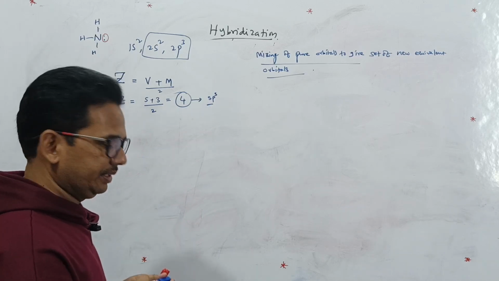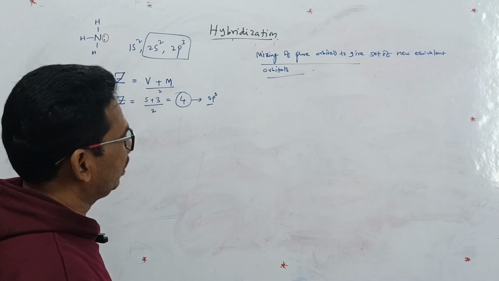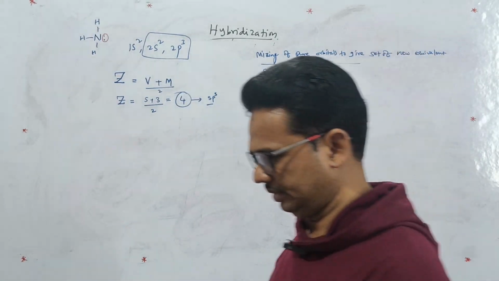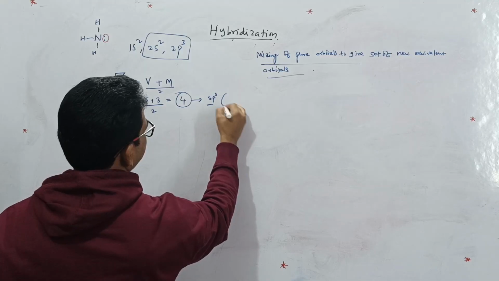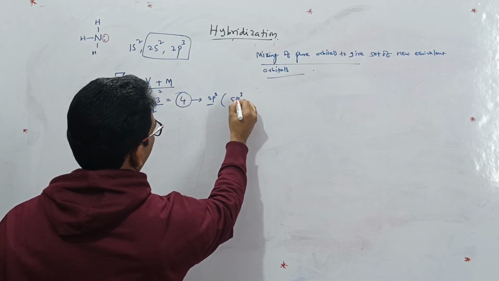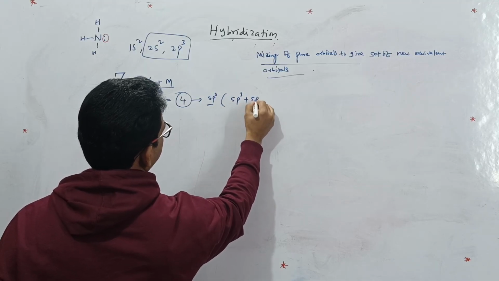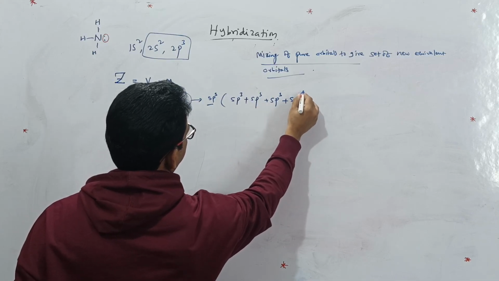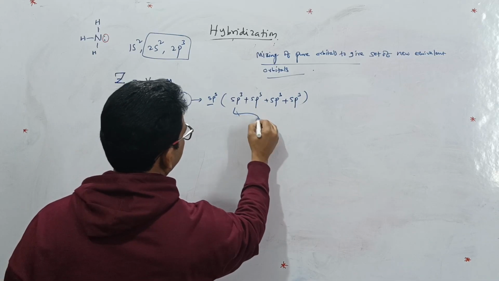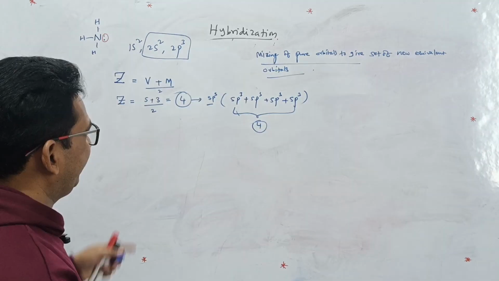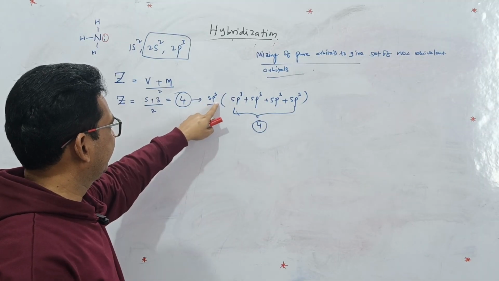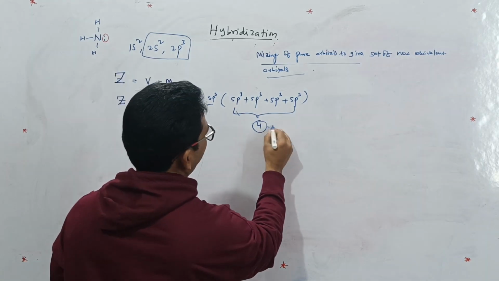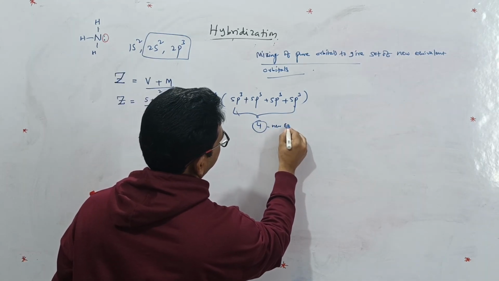How are you going to write the structure, and how are you going to prove that it belongs to sp3 hybridization? sp3 hybridization means 4 sets of new equivalent orbitals: sp3, sp3, sp3, sp3. See, how many? 4. 1s and 3p mixing together give the 4 new equivalent orbitals.